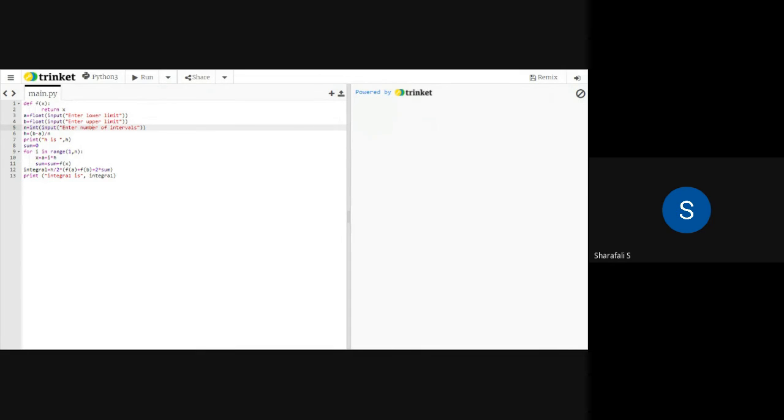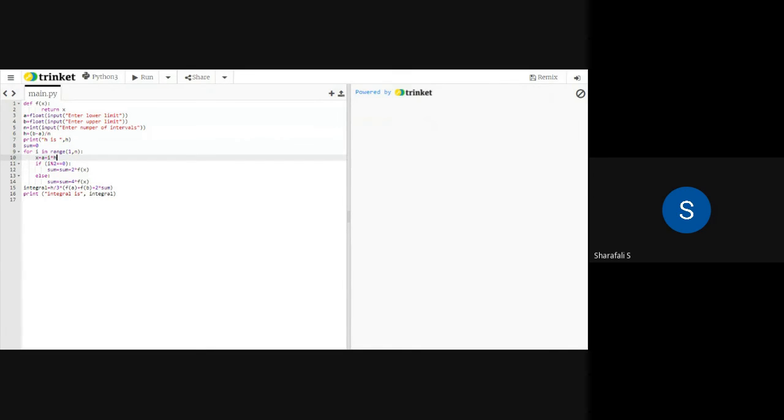So in this Simpsons program, these steps are almost similar, but a very small variation is there. So this is the Simpsons program. The same definition of function here, a, b, and all of those things, and h value b minus a by n, all those things are same. Only this part is going to change.